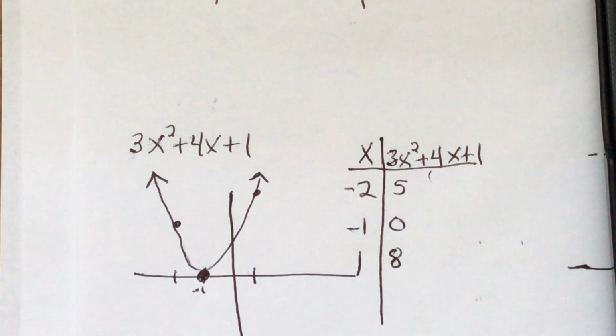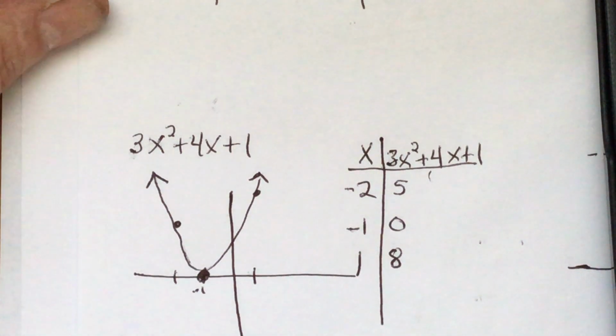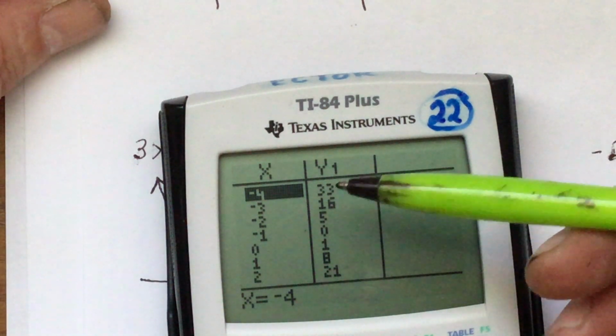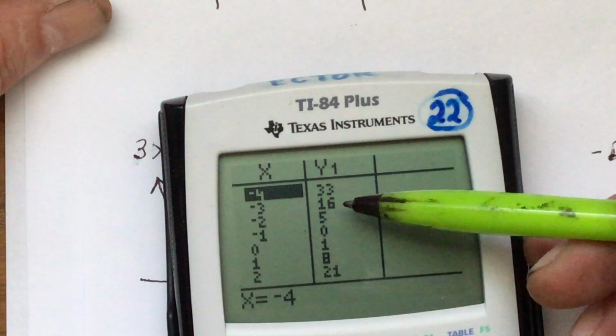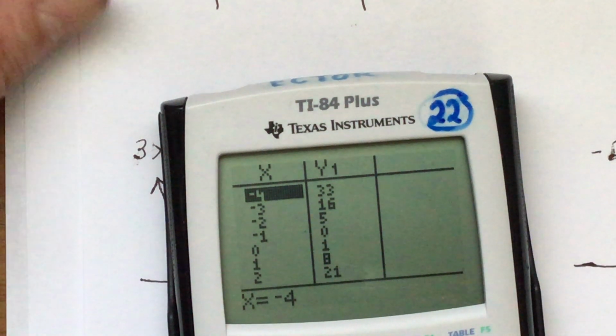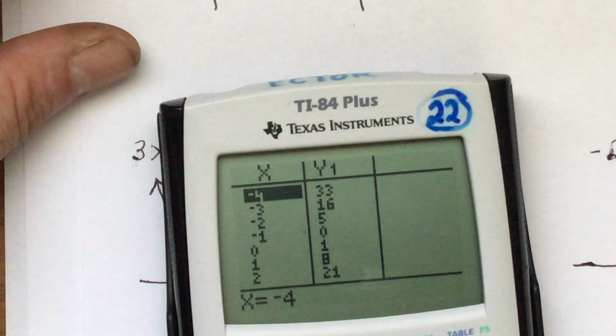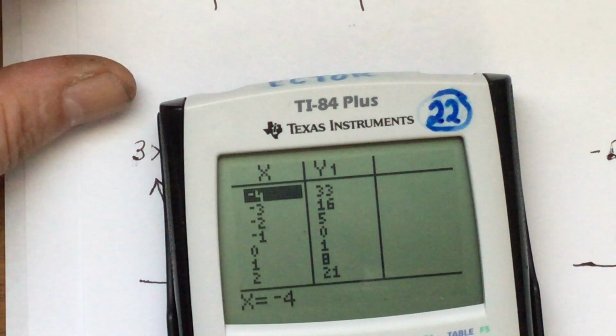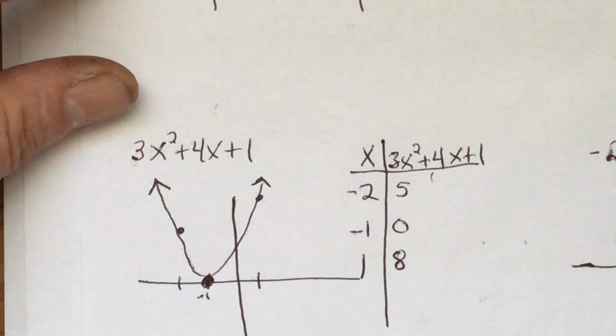And this is going to happen sometimes. It just is. What your goal is when you go to the table is to pick out whole numbers in the x column that give you whole numbers in the y column. And I think the numbers that I picked for you on your sheet, they're going to give you whole numbers or at least halves to work with. All right, that's done.